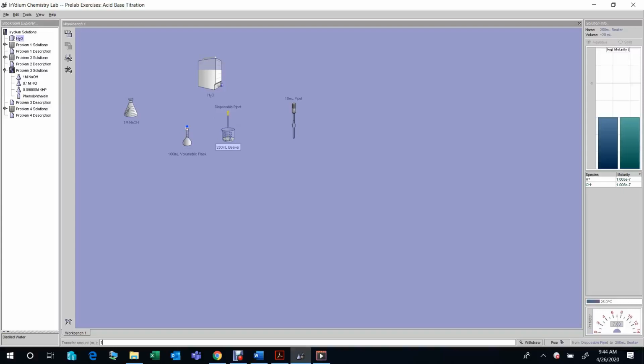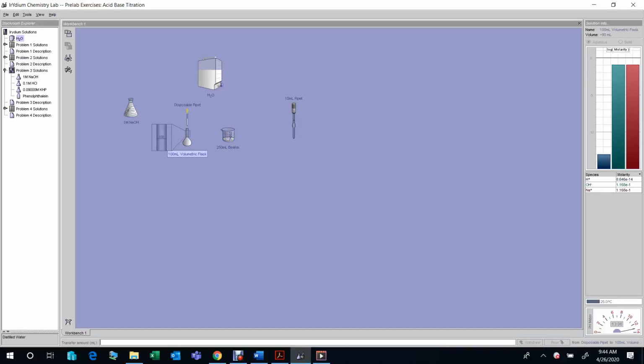Withdraw and then pour. Withdraw and then pour. You see the solution level still has not reached here.